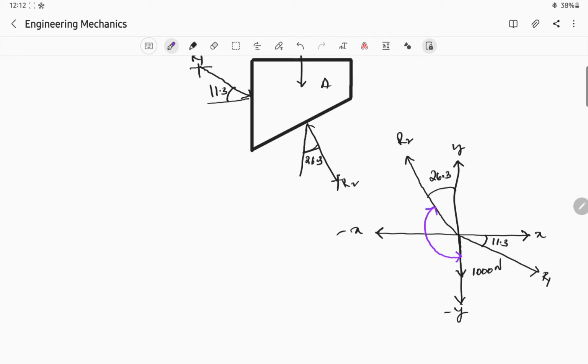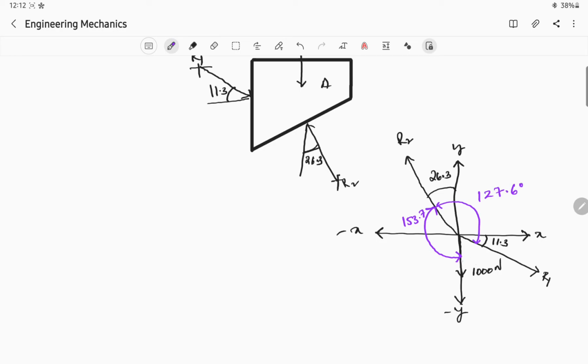This is totally 180, 180 minus 26.3 degrees, you will get 153.7. Now the angle between R1 and R2: 26.3 plus 90 plus 11.3, you'll get 127.6 degrees.